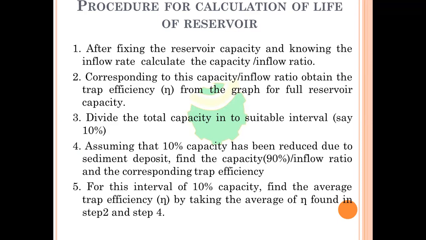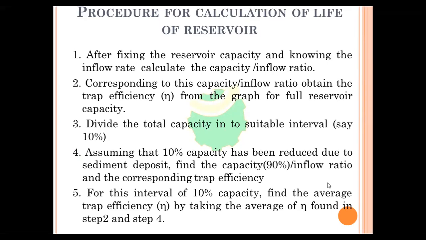Next, divide the total capacity into suitable intervals. That interval may be 10% or 20%. For example, the capacity of the reservoir, we say it is 100.